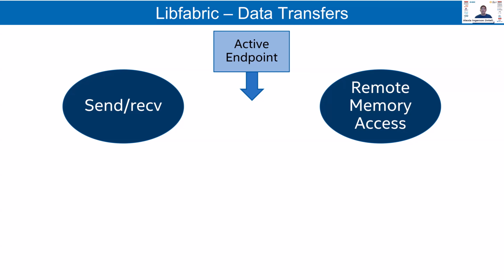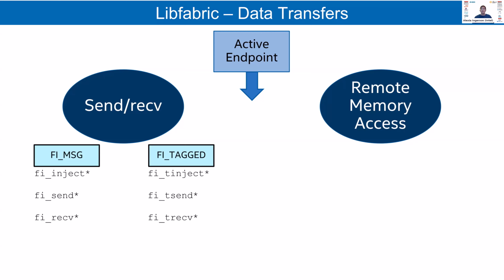In contrast, an RMA call is only one-sided, so the sender will provide both the source and remote target memory location. And those operations require no response or matching from the target side. There are two types of send and receive calls: regular message calls and tagged calls, which are pretty much the same, except that tagged calls allow for posting messages with a tag.